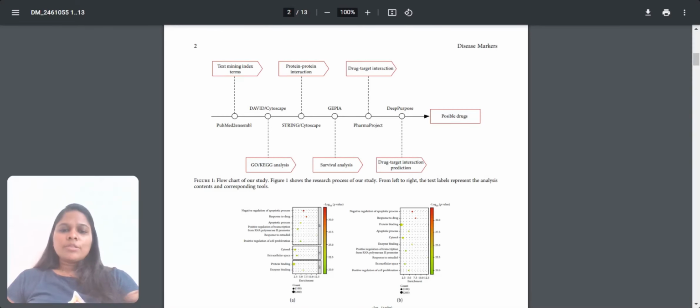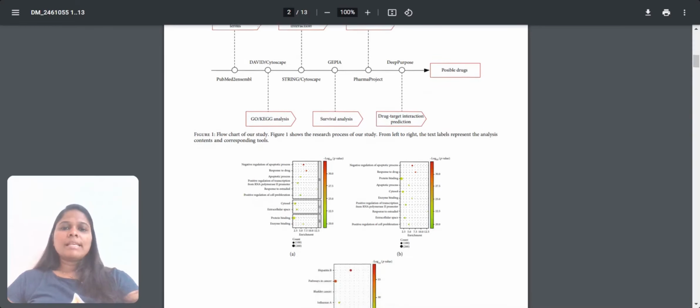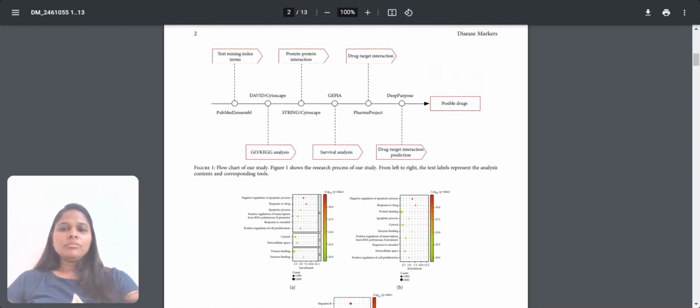So, in the conclusion part, we can say that the relevant genes of drug resistant melanoma, based on the technology of text mining, 433 genes were found by using PubMed to Ensemble.